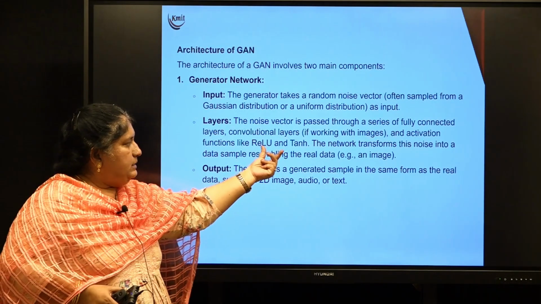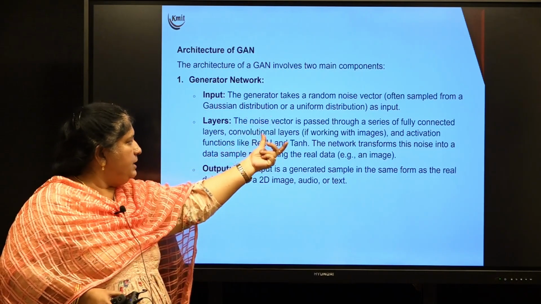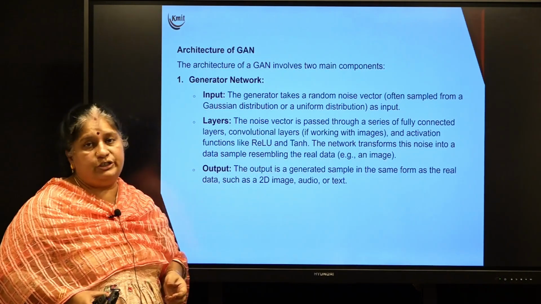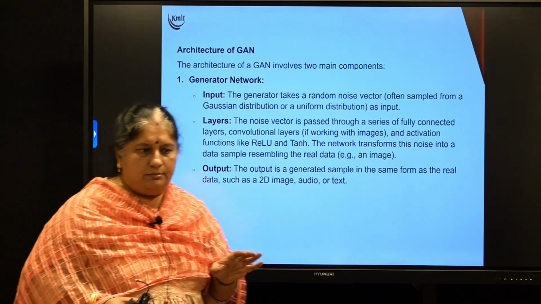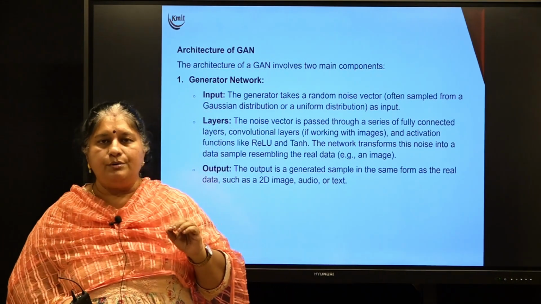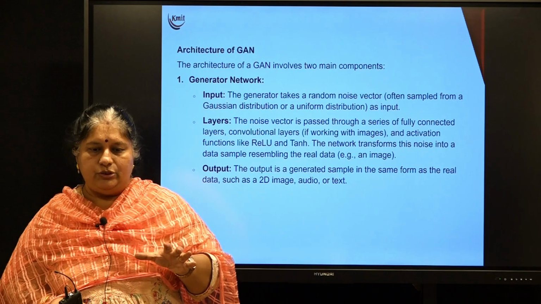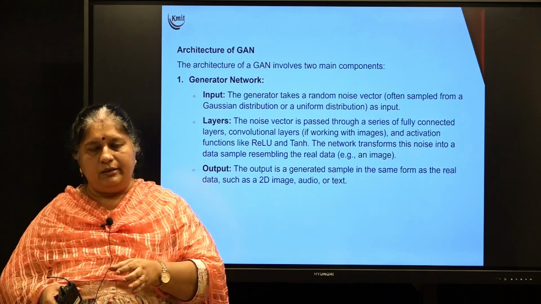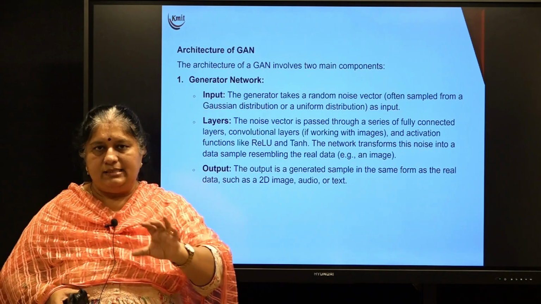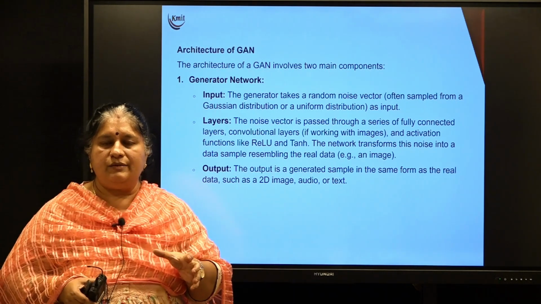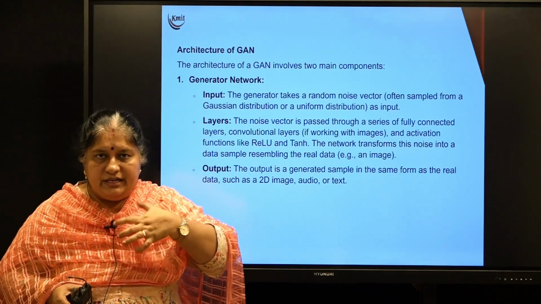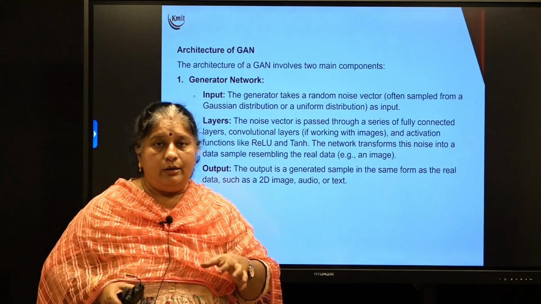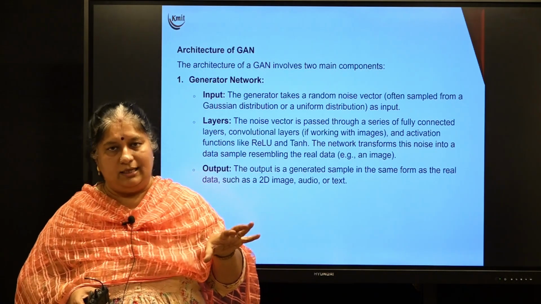These network layers try to transform the noise into a sample which resembles the original data. See, the major purpose here is to create an image which exactly resembles a person or an object, so that you are unable to distinguish whether it is a fake image I have generated or one that originally exists, right?